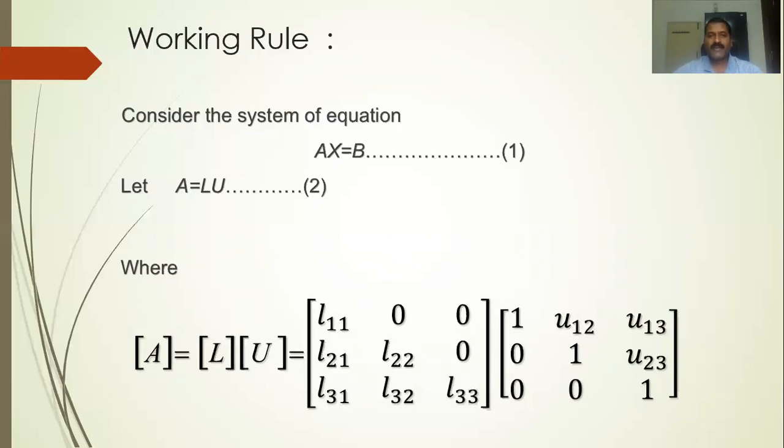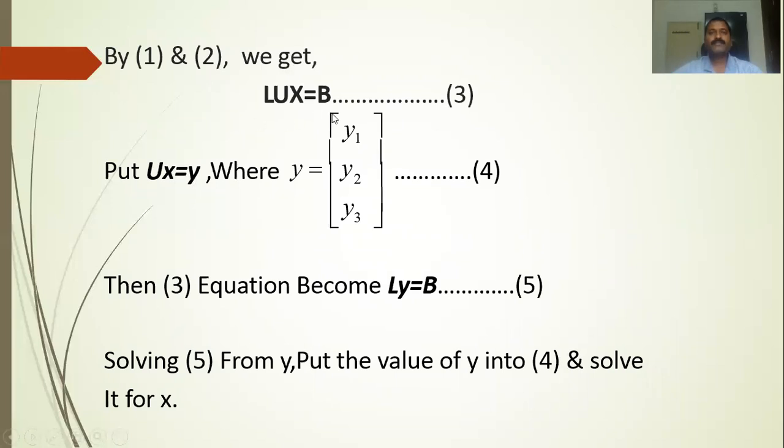We know that a system of linear equations can be written as AX equal to B. Now we decompose this A as LU. Then the given system becomes LUX equal to B. Then we change the variable: we take UX as Y. Then this equation becomes LY equal to B. Substitute the L, and Y means Y1, Y2, Y3, and B is all the right side elements.